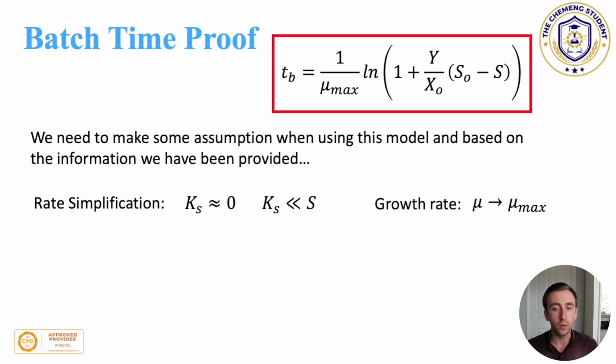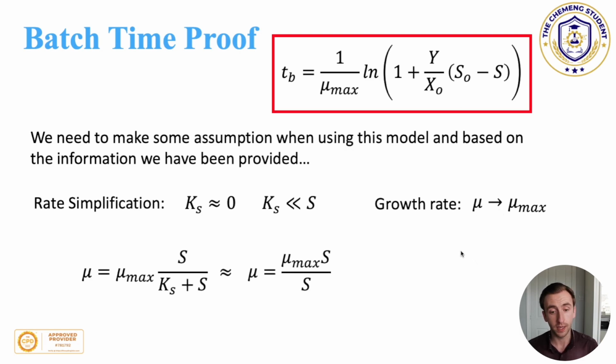Now our growth rate, we're going to say that mu tends to mu max. And from here, what we can then do is simplify the Monod equation in order to express mu in terms of mu max and the substrate concentration explicitly.